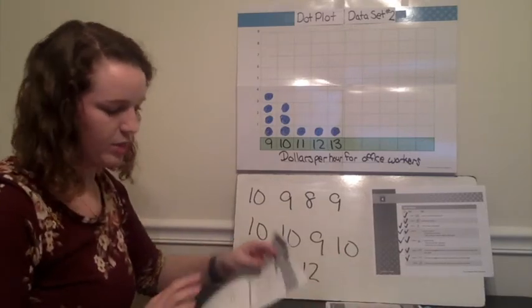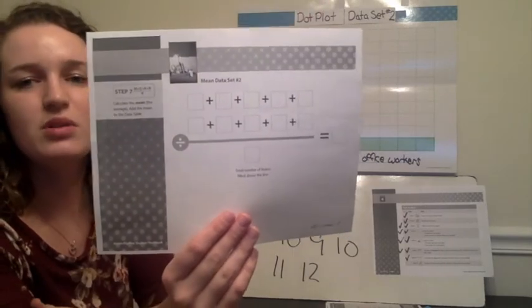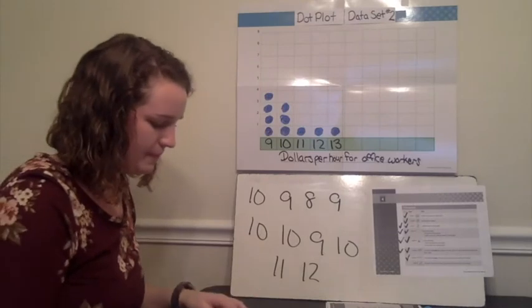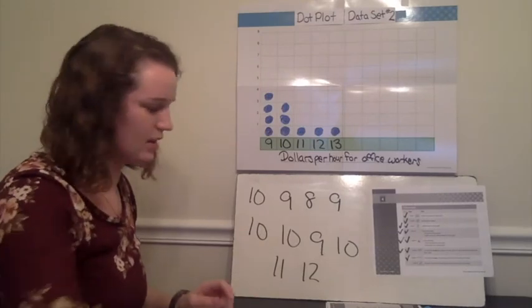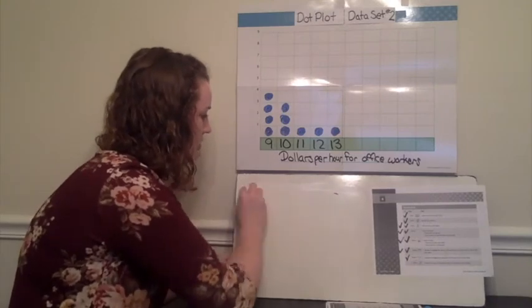So now we're on page 19. So we're finding the mean for data set number 2 now. Okay? Data set number 2. Go ahead and get that out. I'm going to write down data set number 2 on here.